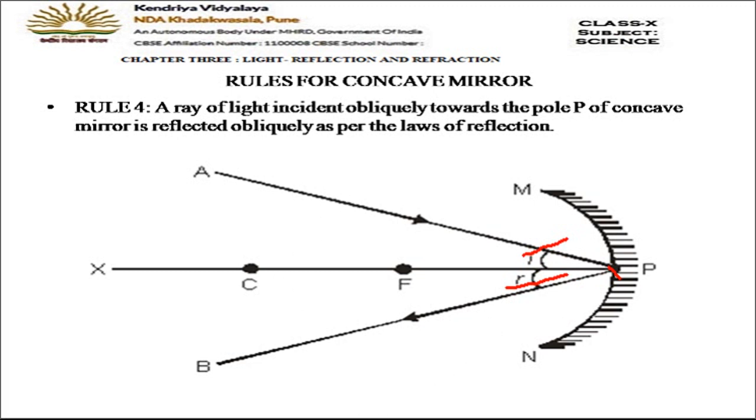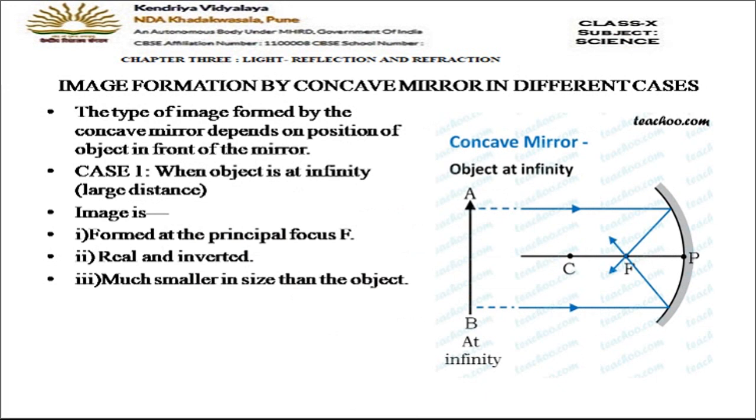Clear? Now next one is image formation by concave mirror in different cases. Now you have studied 4 different rules, and using those 4 rules you have to now draw the ray diagrams. These are called the ray diagrams which are shown on the screen.